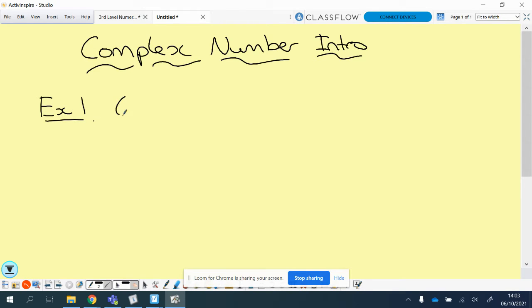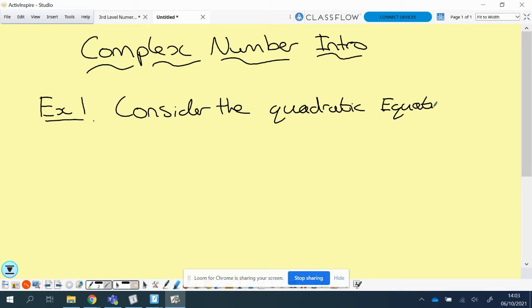Consider the quadratic equation z squared minus 6z plus 25 equals 0.